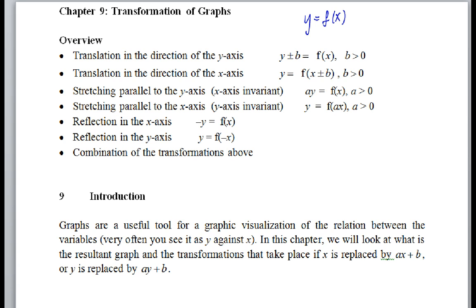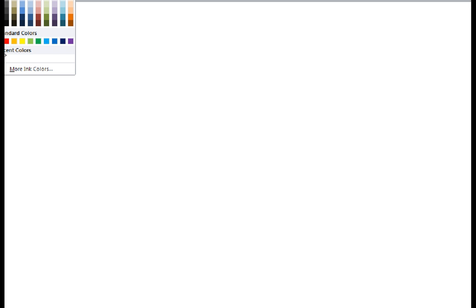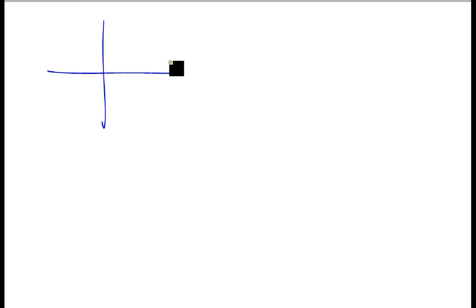Let's use a very simple example. Let's suppose we have a graph y equals x plus 2. Okay, no problem. If I say replace, do we know how to sketch y plus 3 equals x plus 2?